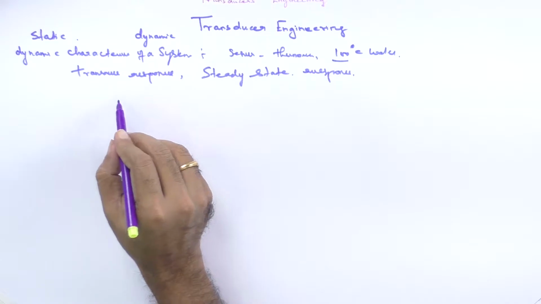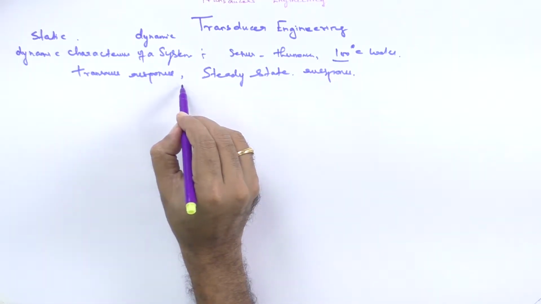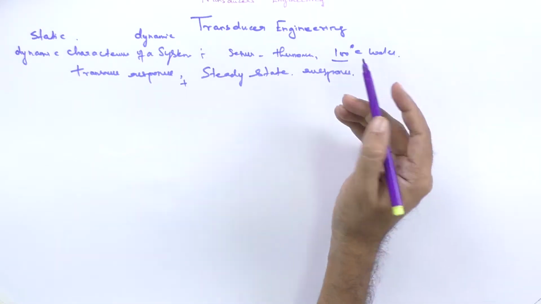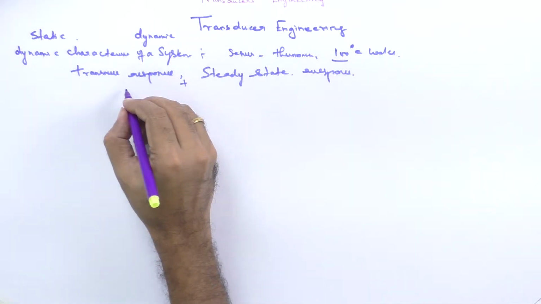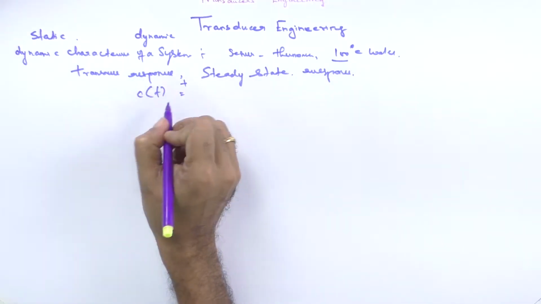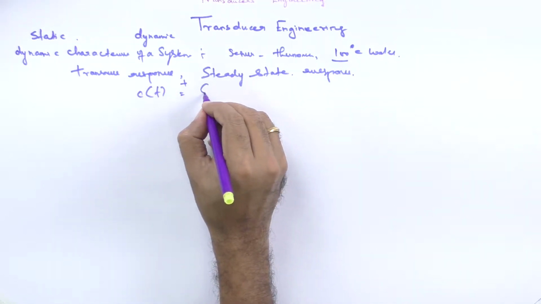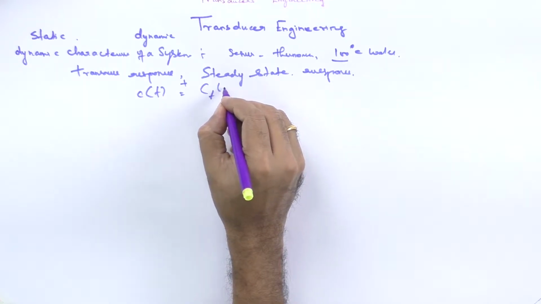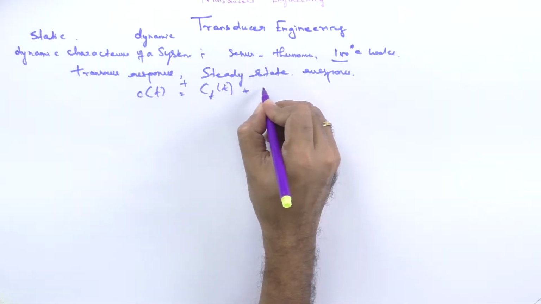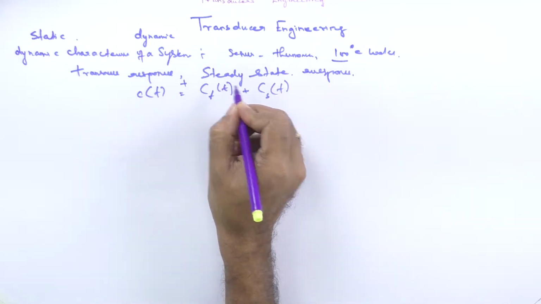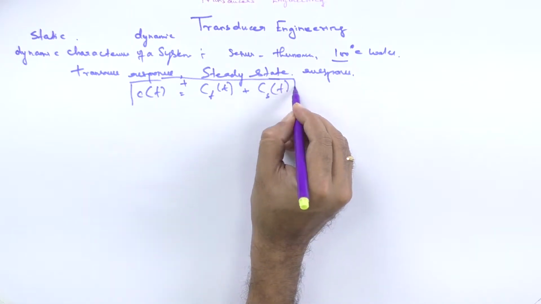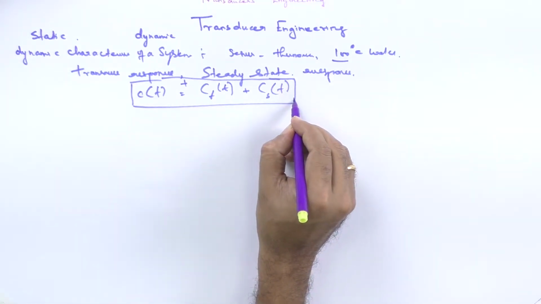There is going to be an addition of the transient response with the steady state response, and finally we will reach this 100 degrees centigrade. This is indicated as C of t, the function, the final output; C_tr of t is your transient response, and C_ss of t is your steady state response. This equation gives you the entire dynamic response of your system.